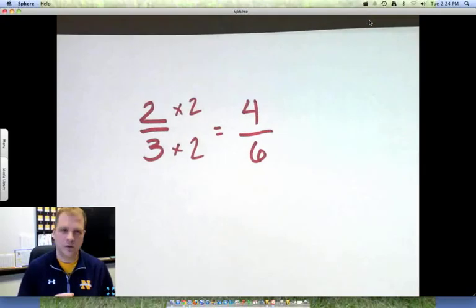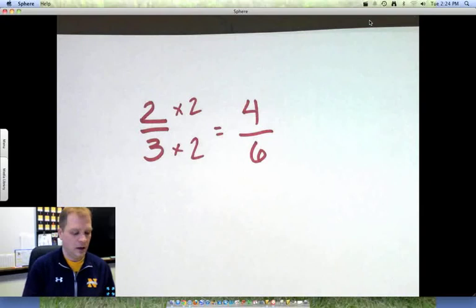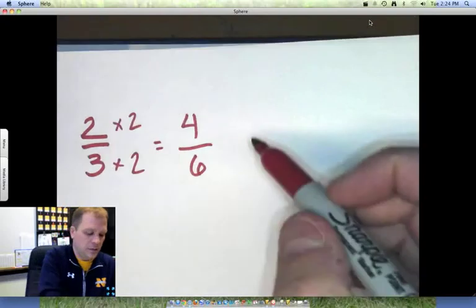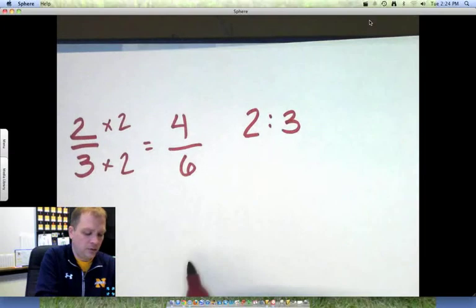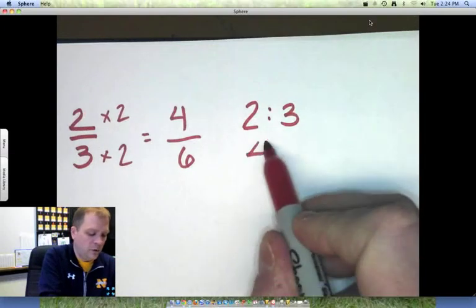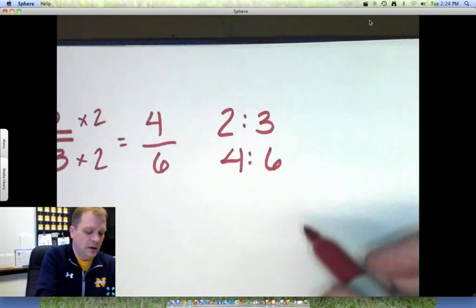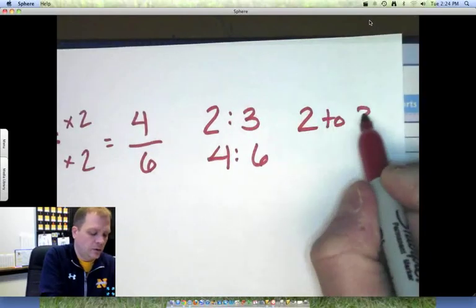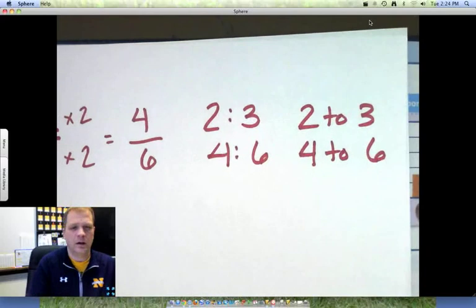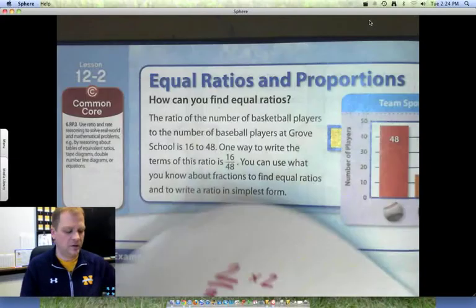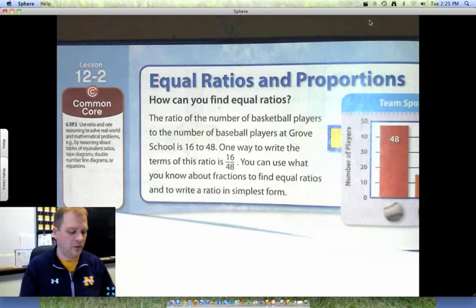So 2/3, or the ratio 2:3, is the same as 4:6. And again, as I mentioned before, it can be written in several different ways. So 2:3 as 4:6. So to understand this a little bit clearer, let's take a look at the examples in the book.